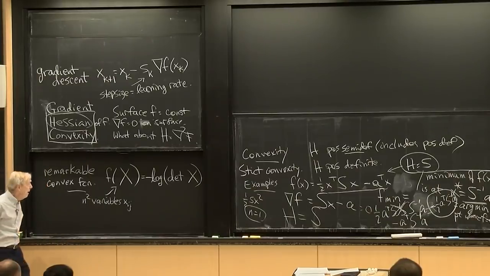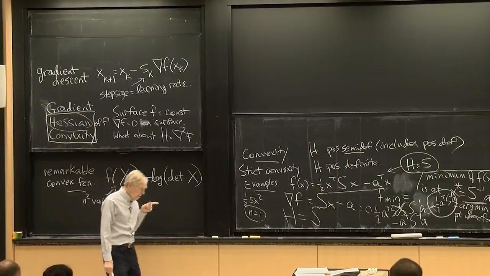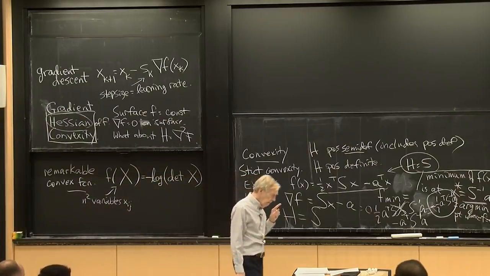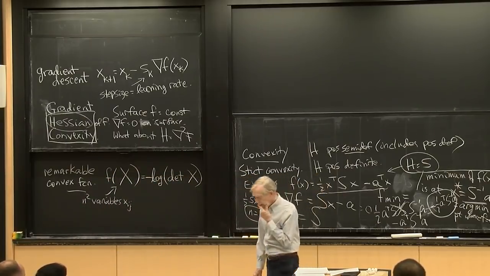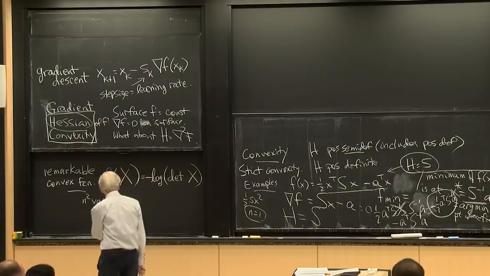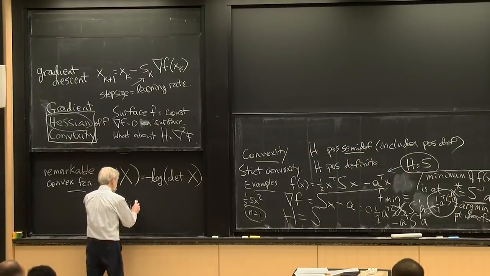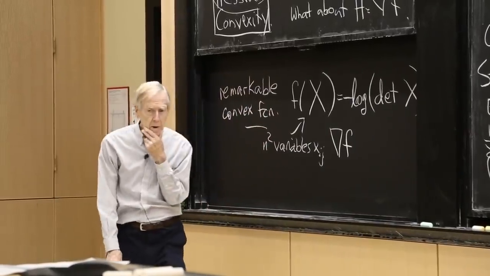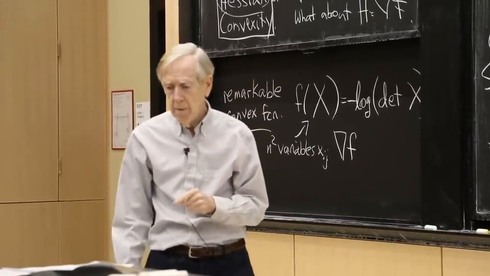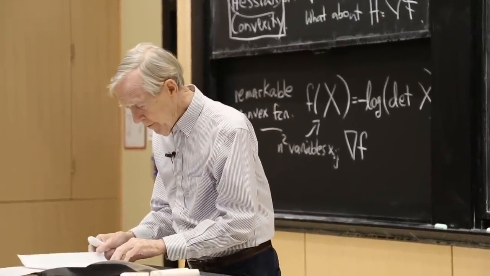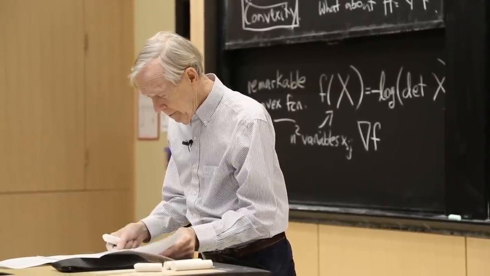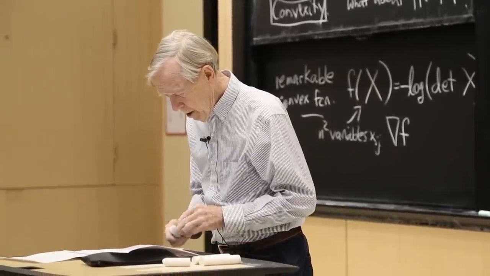And let me see. So the gradient of that thing is also amazing. The gradient of that function. I'm going to peek so I don't write the wrong fact here. Yeah.